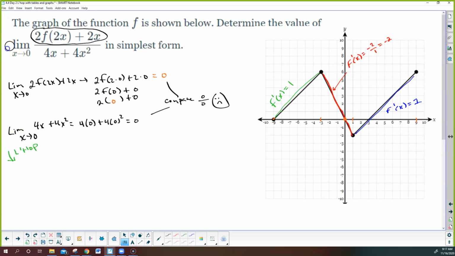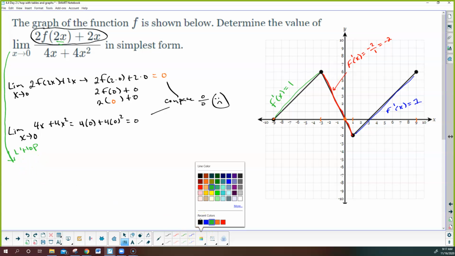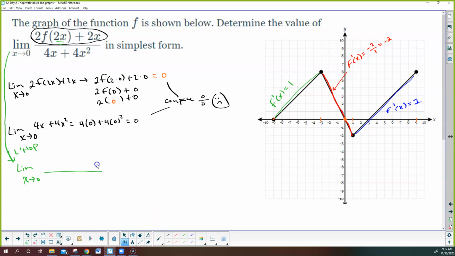So now I have to take the original function and we're going to apply L'Hopital's rule to the original piece. Don't forget about the chain rule here. So if I take the derivative of the top, this 2 out in front is just a multiplier, so it's going to stay.